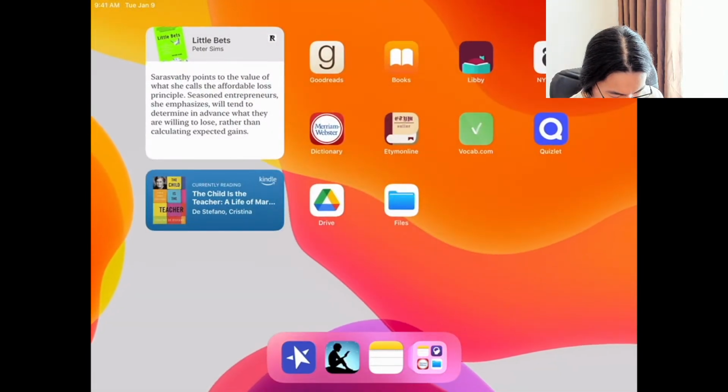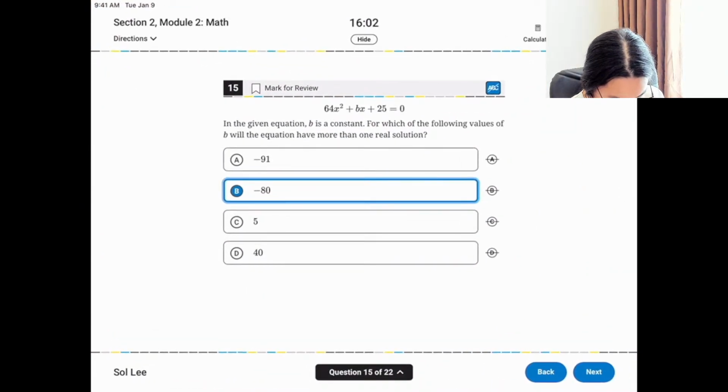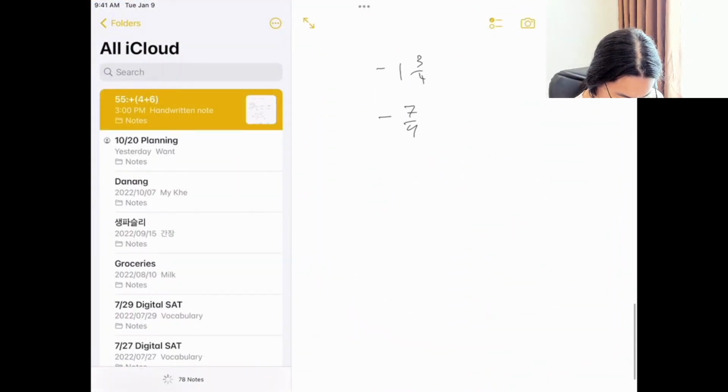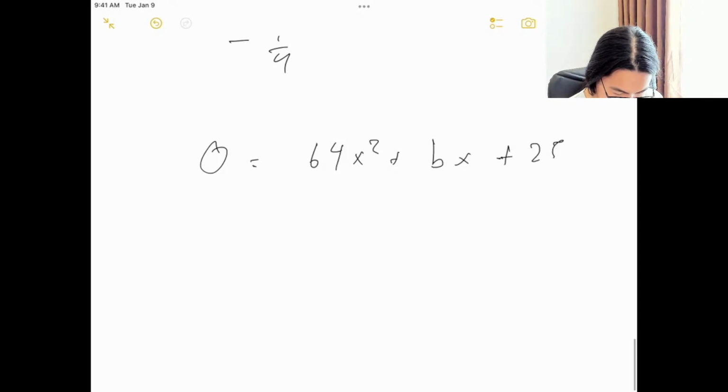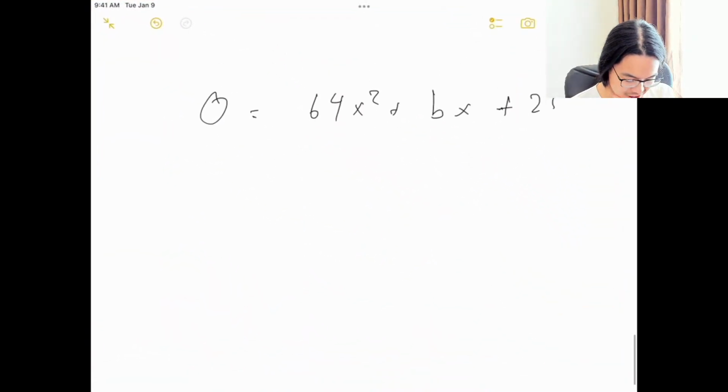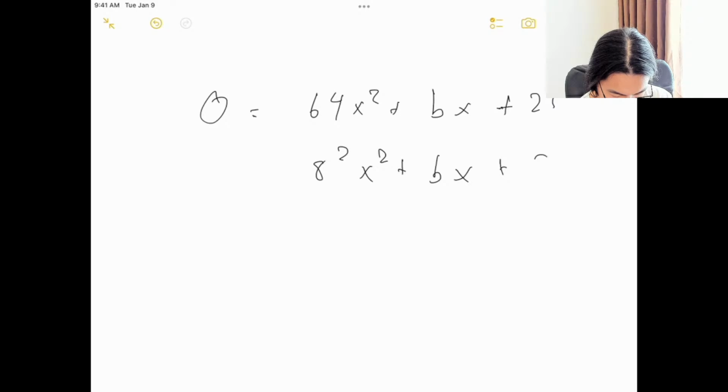Oh, I guess this becomes kind of okay. 64x, oof, I don't remember how to do this. All right. Hang on, what happened? Come on. 0 is equal to 64x squared plus bx plus 25. Okay, now that's 8 squared x squared plus bx plus 5 squared.